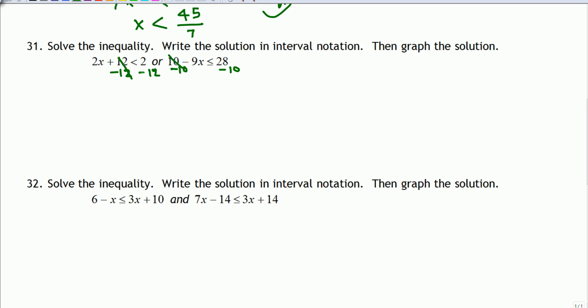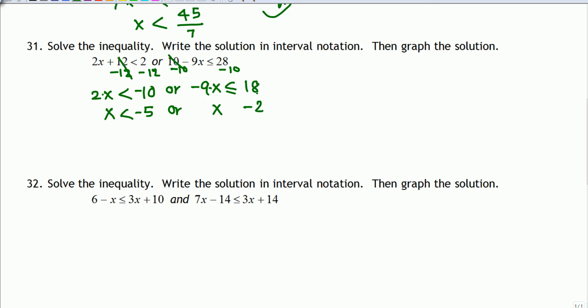Now we have 2x < 2 − 12, negative 10, or −9x ≤ 28 − 10, that's 18. To isolate x, we divide by 2, so x < −5, or in this case divide by −9, so −18 divided by 9 is −2.